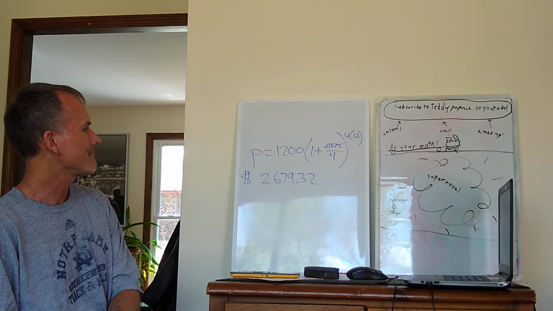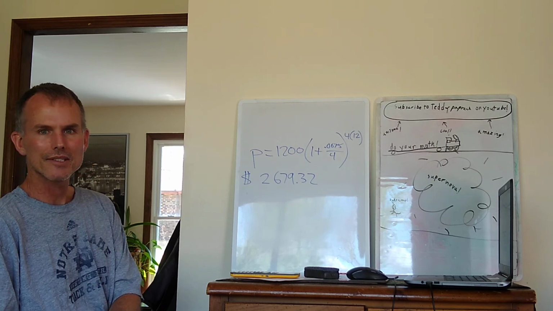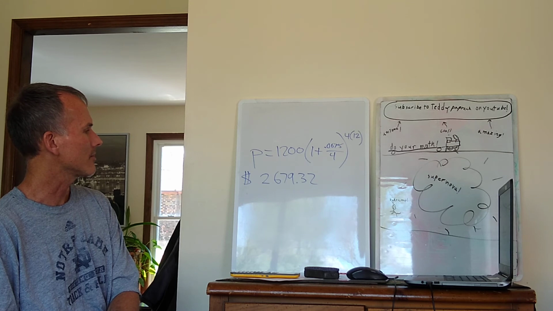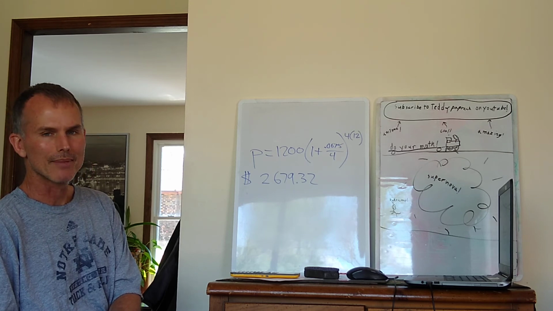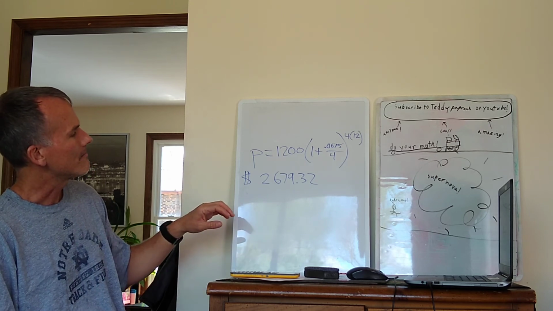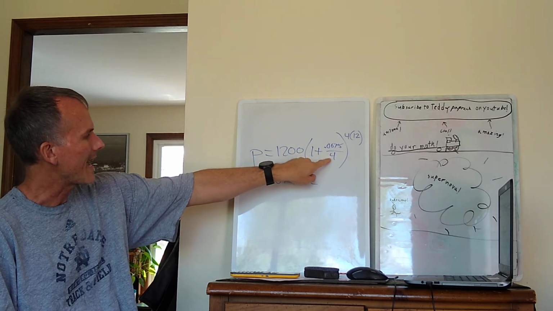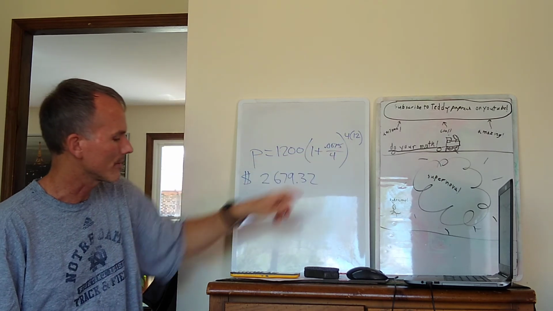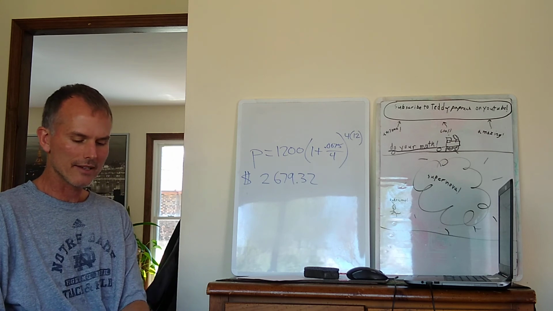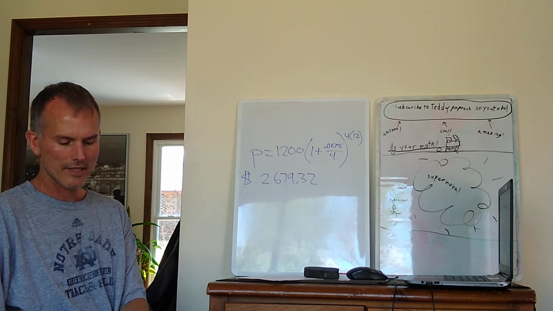That's great. That's not terribly impressive. I wonder what it would be if we compounded that daily. All I have to do is change that to a 365 and that to a 365. I can fix it on my calculator entry very easily.